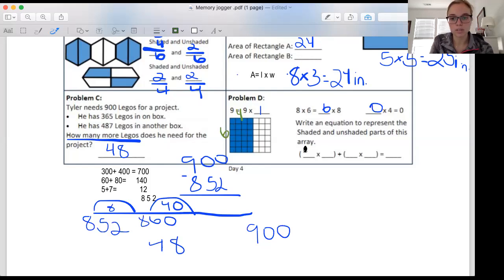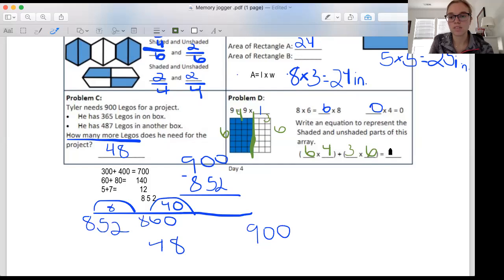I know that in multiplication, it doesn't matter which number comes first. And for my unshaded, I then have 3 and 6 again. Remember, we're only counting shaded and unshaded. So I have 3 times 6.